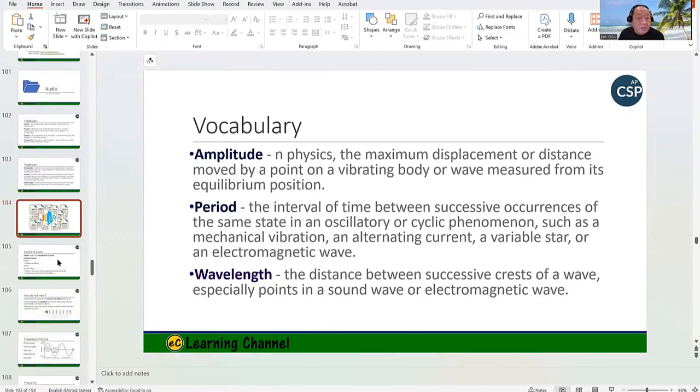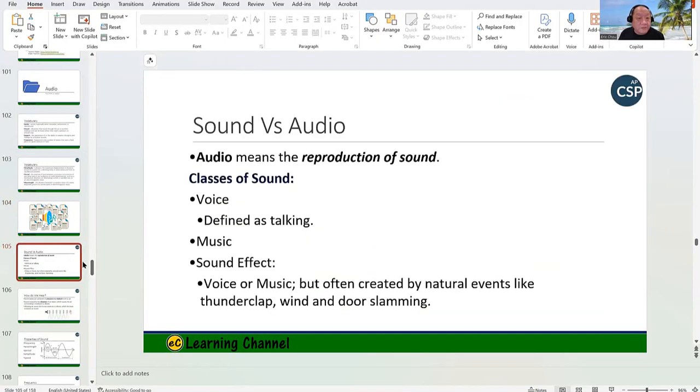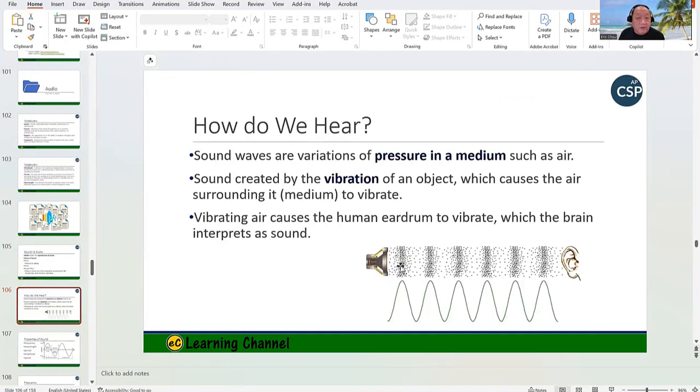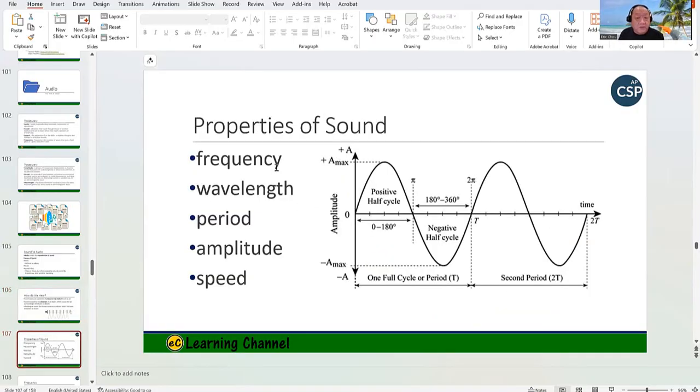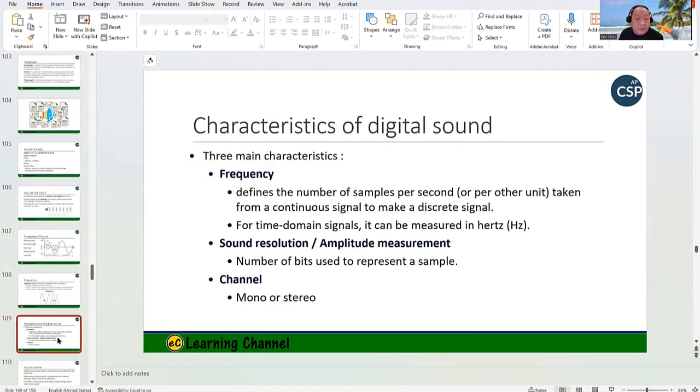Okay, so basically, let's assume that you are sampling your audio. Okay, your audio is like this. You sample your audio. You use the frequency, wavelength, period, or amplitude and speed to sample it. Okay, now, so frequency is how fast the data is.